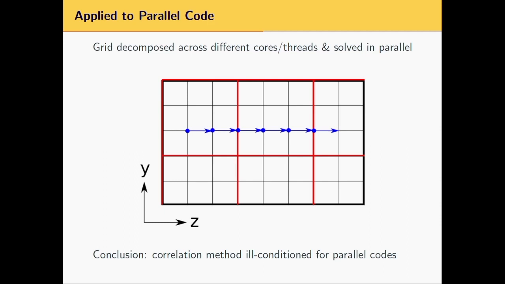And it's especially bad for GPUs where the grid is decomposed into much smaller blocks. Because these are all solved in parallel, you have the problem where you need this result before it's actually calculated. And so basically what we've worked on is how to deal with this.